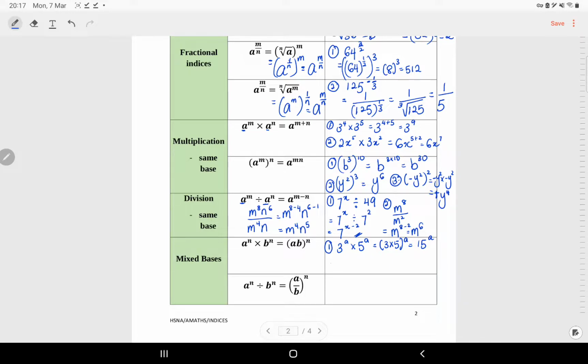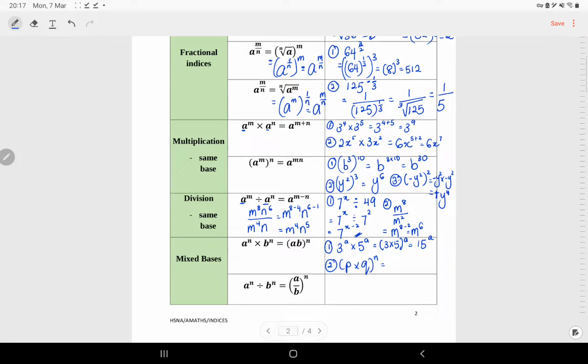Or say you have p to the power n times q to the power n.